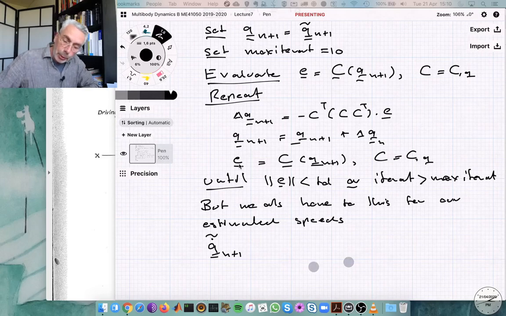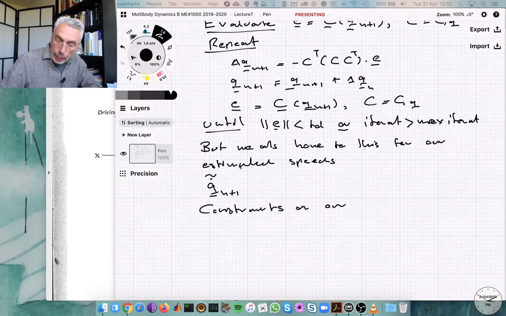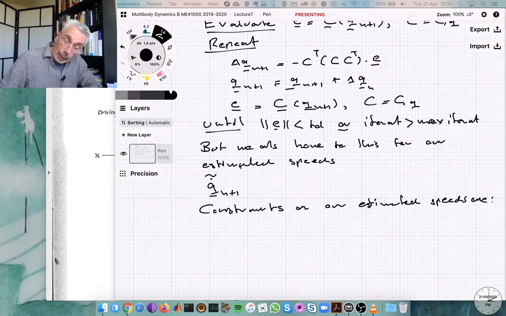And what are the constraints on our estimated speeds? So all the constraints on our estimated speeds are, well, they are linear, right?